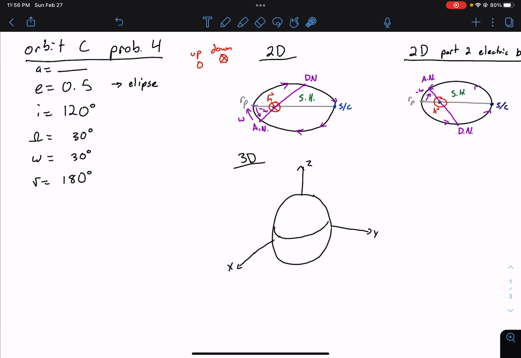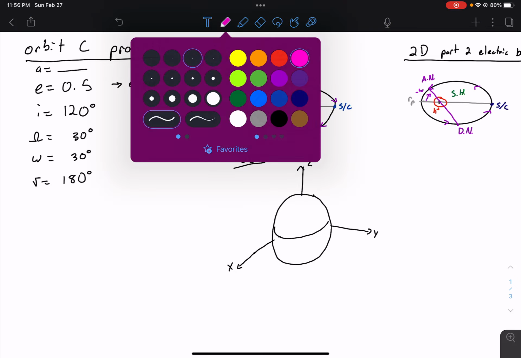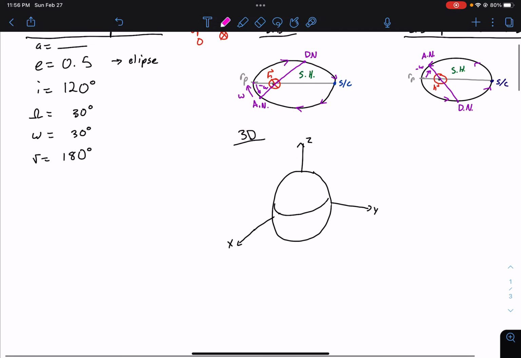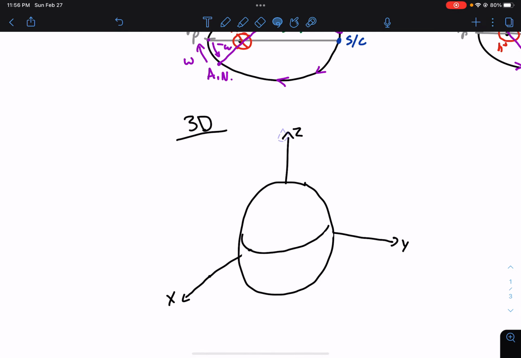All right, so how do we start with the 3D? Well, we labeled everything on the 2D plot here, so let's go down the list again. We can start with our inclination. That's a really easy one. Looking at this, you have about 90 degrees to the xy plane, and then 30 degrees underneath.